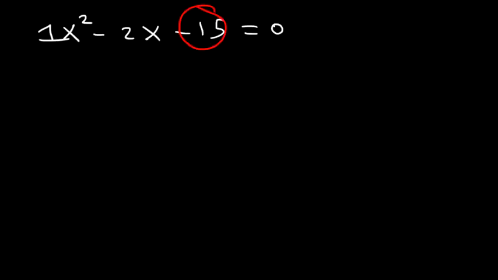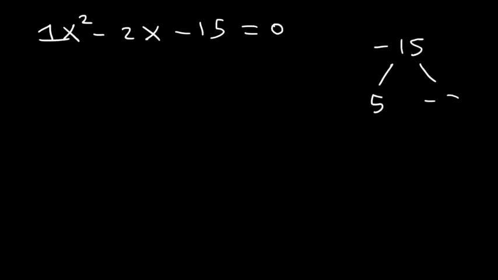Now what if we have a trinomial, x squared minus 2x minus 15, and the leading coefficient is 1? How can we factor this expression? All you need to do is find two numbers that multiply to negative 15 but add to negative 2. Numbers that multiply to 15 are 5 and 3.